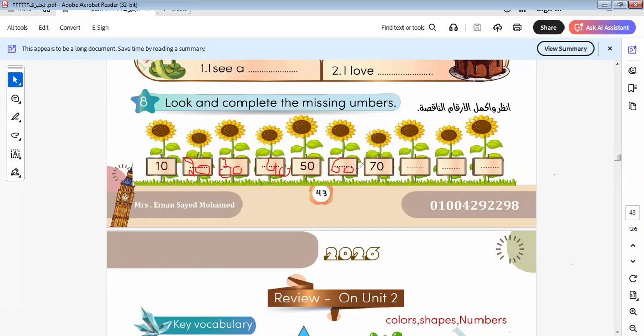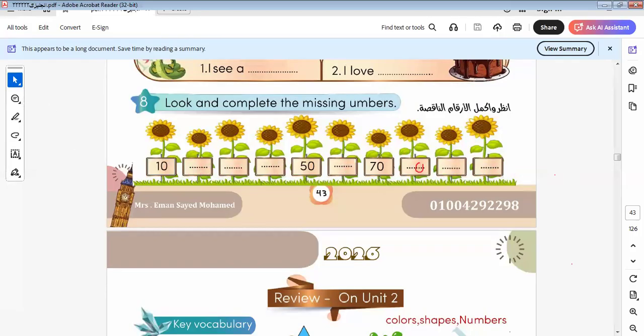Every 10 numbers. When adding 10, it will be 60. When we add 10, 70. When we add 10, 80. When we add 10, 90. And when we add 10, it will be 100. Okay, now we know how to count by tens.